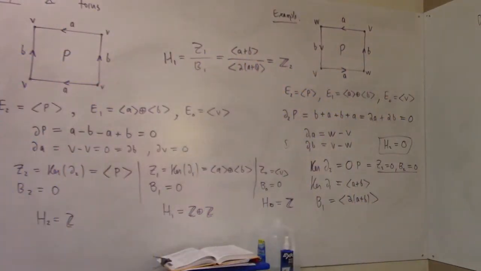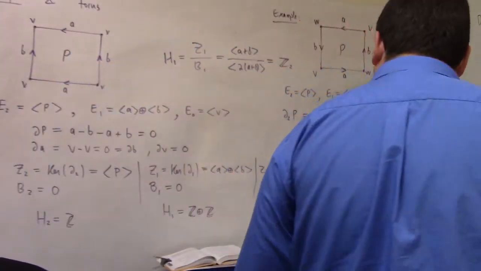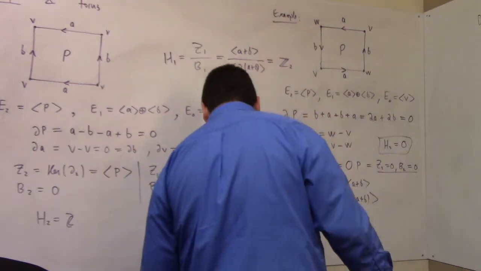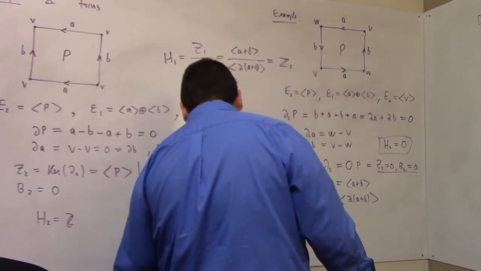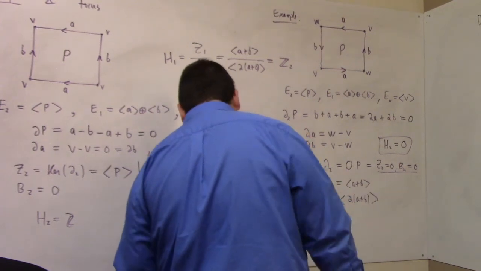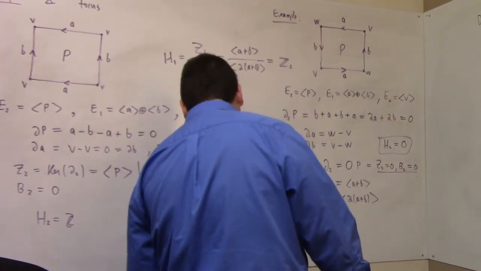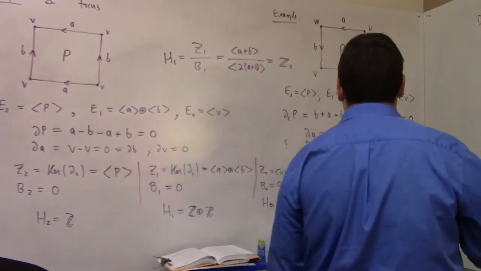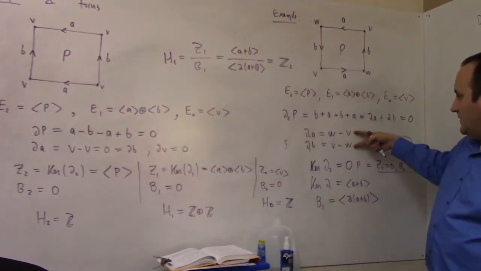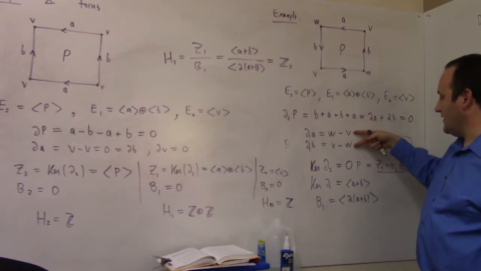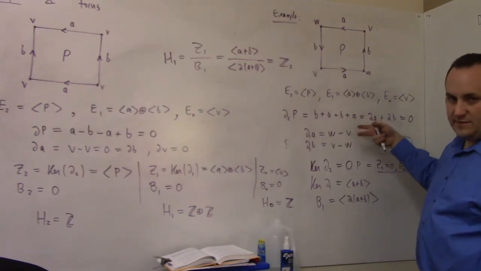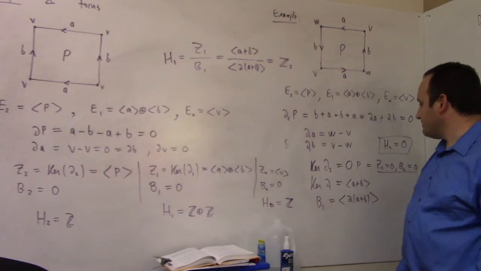I'm sorry, I forgot about the noise from the hallway. So the cycles Z naught are the sum of both vertices, and the boundary is the difference in the vertices. That shows that the difference of the vertices is attained as the image of A or minus B, or vice versa, whichever difference you want to look at.